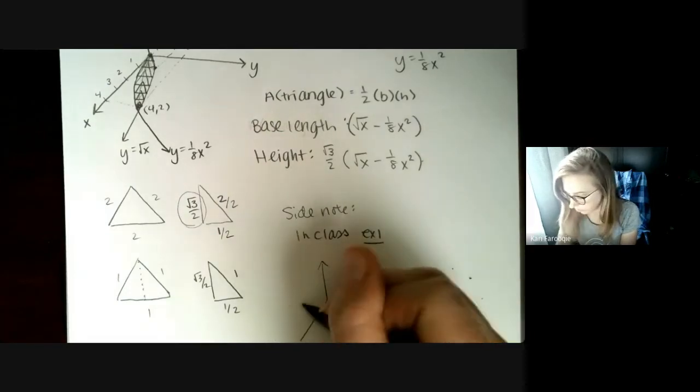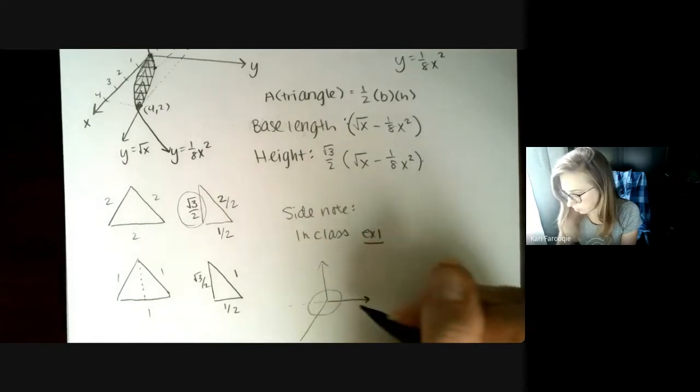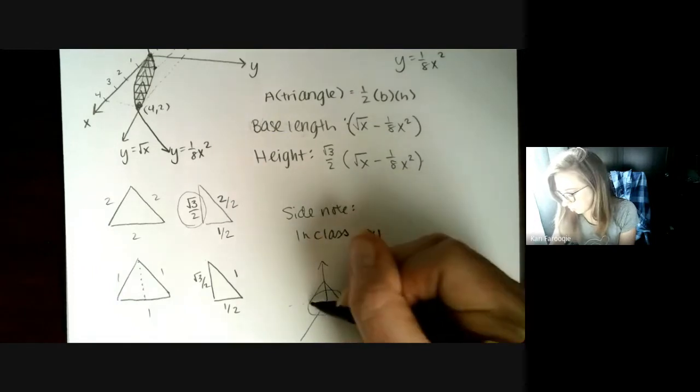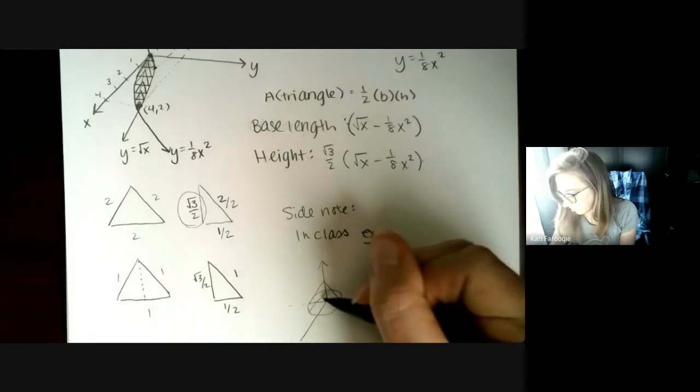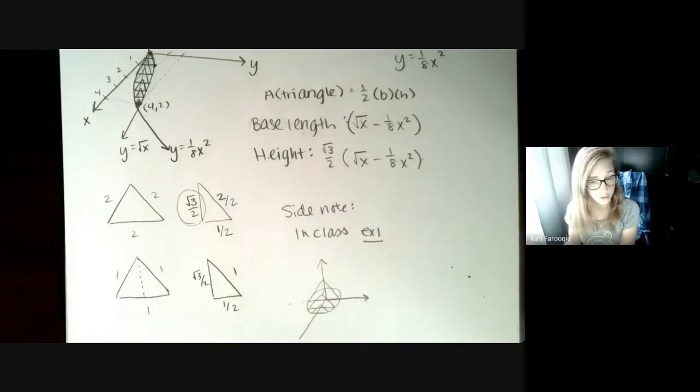It took us some time to graph this in class, but we did a unit circle, and then on top of it, we built these equilateral triangles. So that one had this base, that one, and so on and so forth. So we had something like that for example 1.